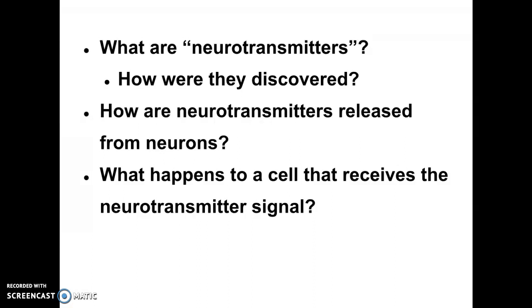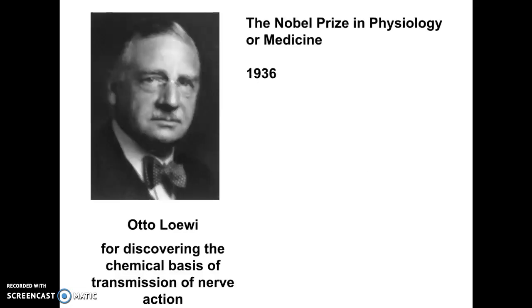Well, this all dates back to Loewi and his discovery of neurotransmitters, chemical signals. And so what Loewi did was he stimulated the vagus nerve, a nerve that was known to slow down the heart.